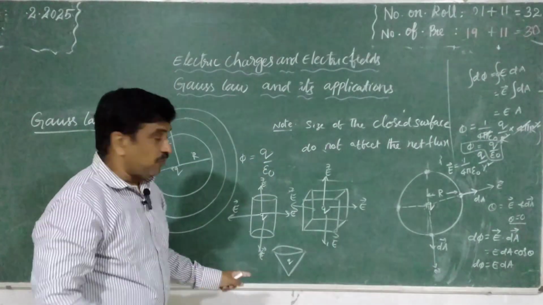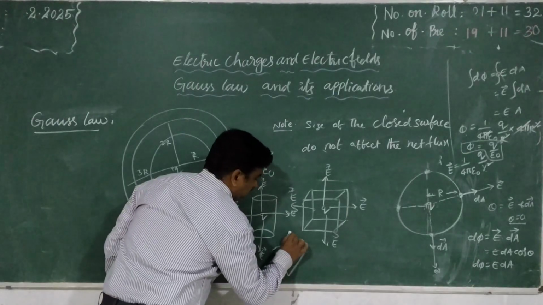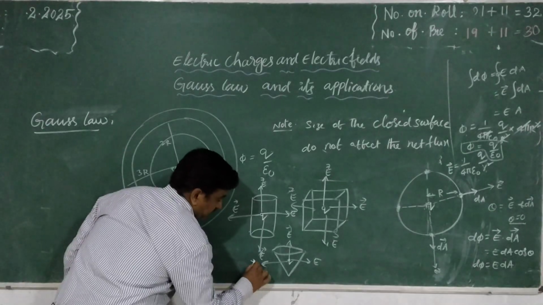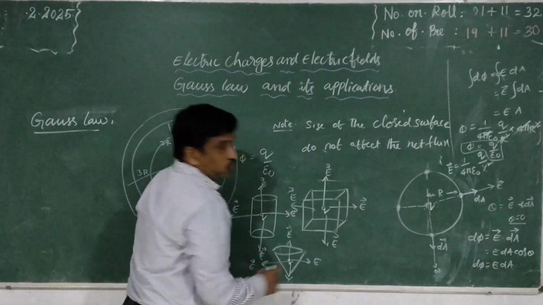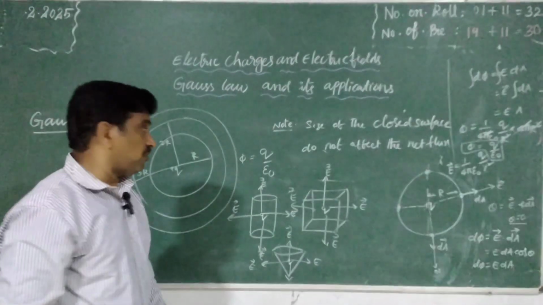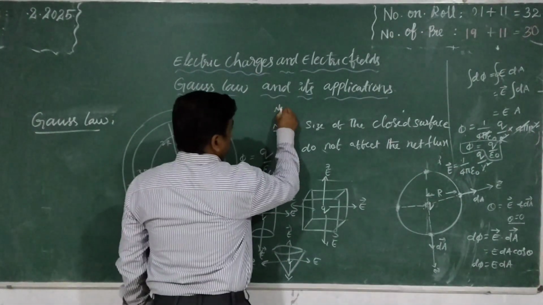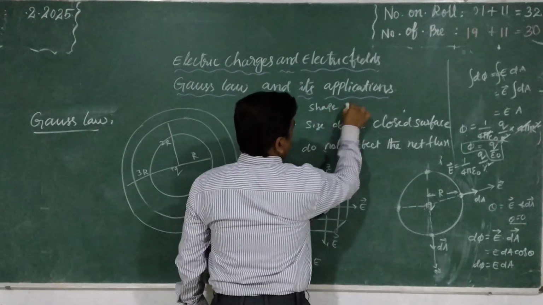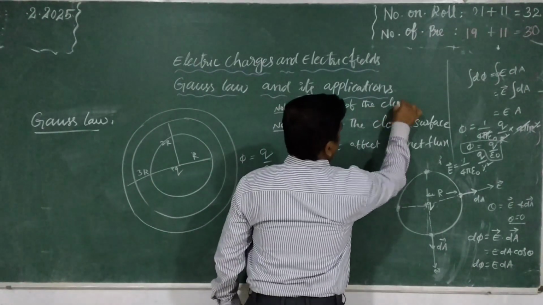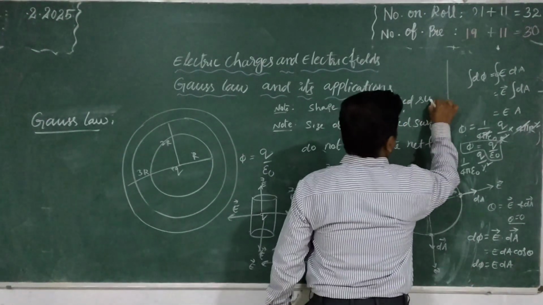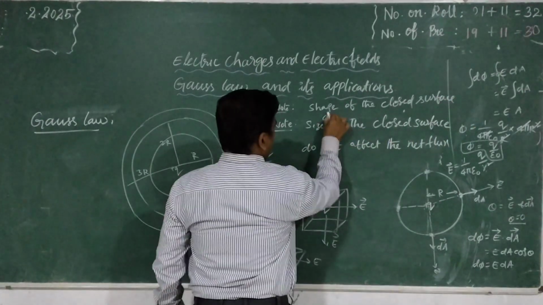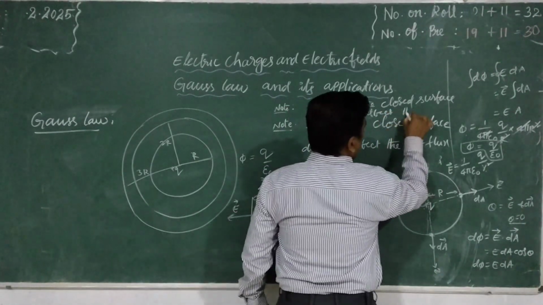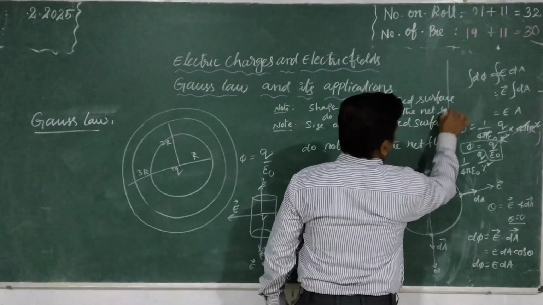So from this we can say the electric flux through a closed surface does not change due to the shape of the closed surface. Here I write one more: the shape of the closed surface does not affect the net flux.